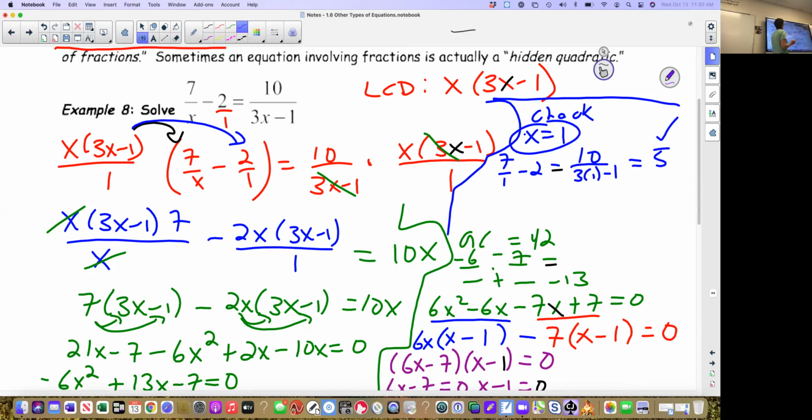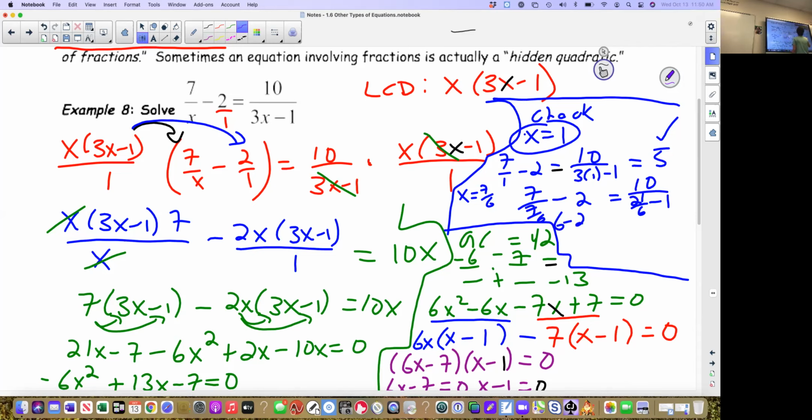Now 7 sixths. You can multiply by 6, so 7 over 7 sixths becomes 6, minus 2, which is 4.